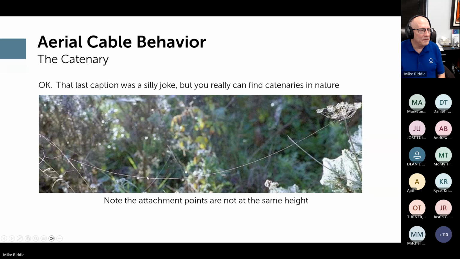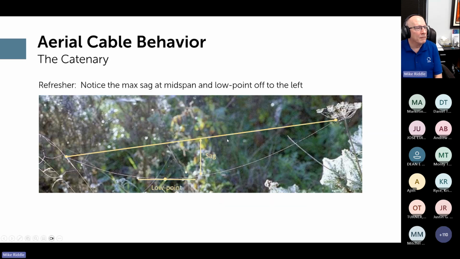Notice the nice catenary shape, and notice the attachment points are not at the same height. So this is an unlevel span, but we still find the maximum sag is at midspan, and we find our low point as well. And notice that its sag would be less than the sag you get here.